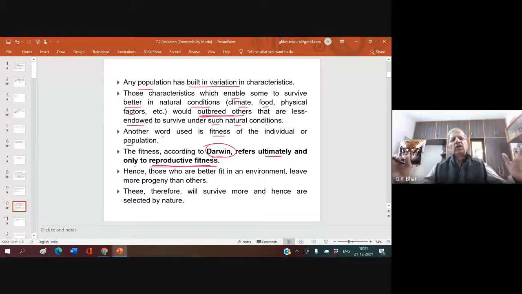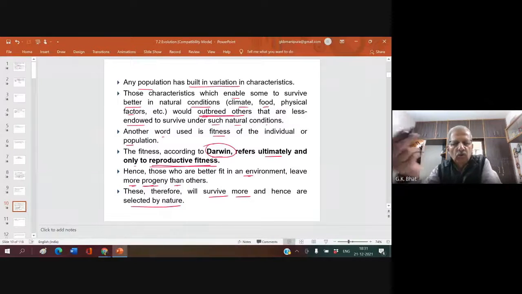If at all bodily you are 6 feet or 7 feet with 150 kg of weight, I don't consider that you are fit unless you reproduce effectively. Hence, those who are better fit in an environment leave more progeny than others. These, therefore, will survive more and hence are selected by nature.